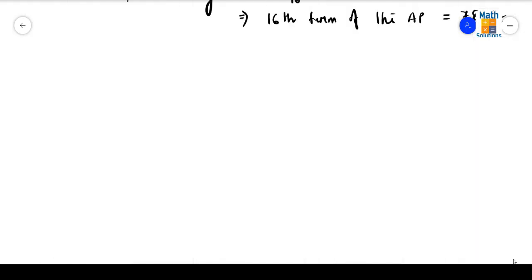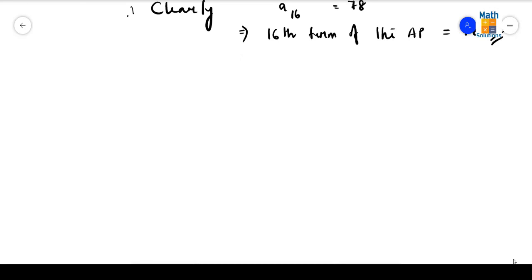Next, coming to question number 5 of this exercise. What is question number 5?